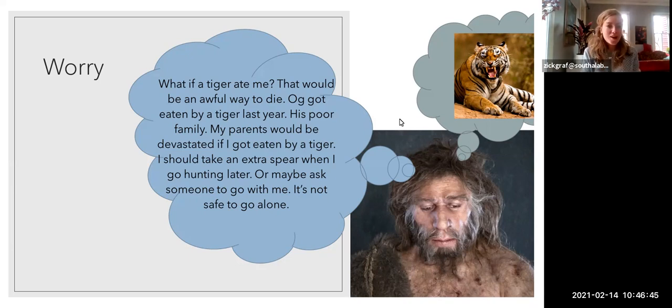But then the other part of worry that is considered more adaptive is that worry about the future allows us to plan for the future and may help protect us from ever finding ourselves in situations that merit fear and anxiety.